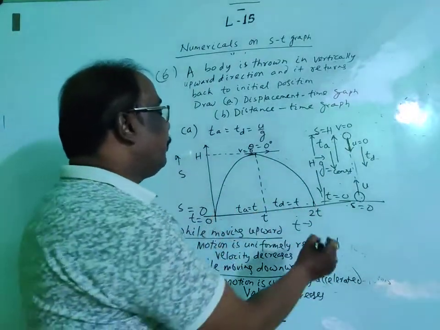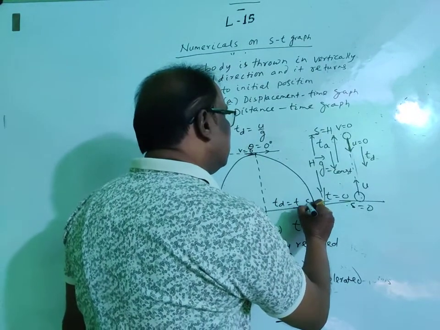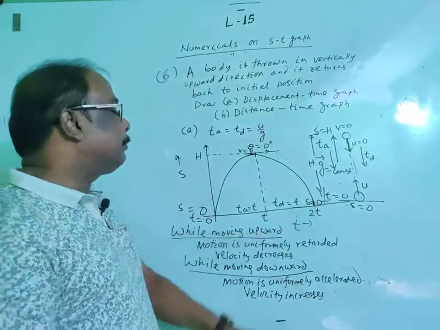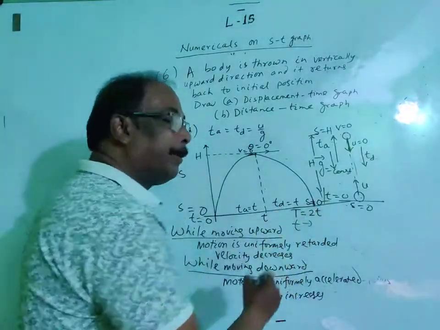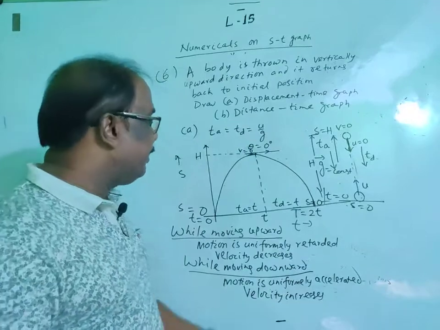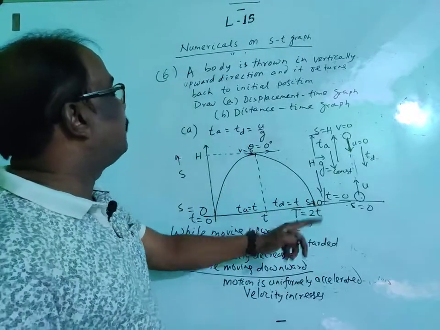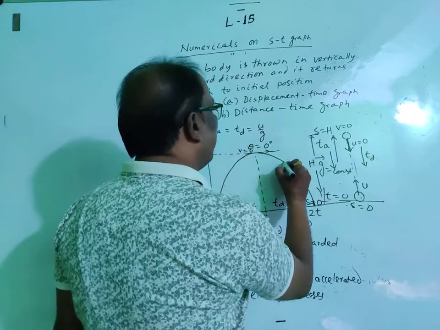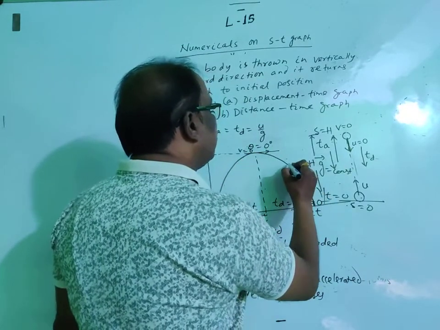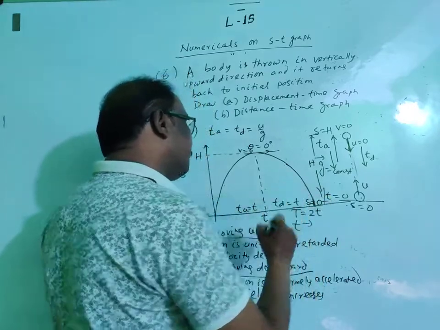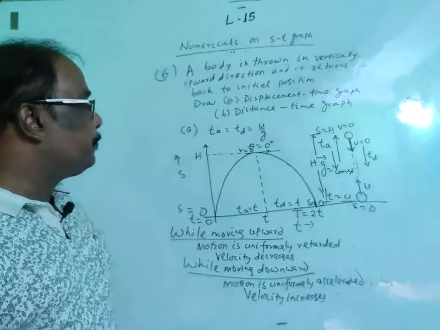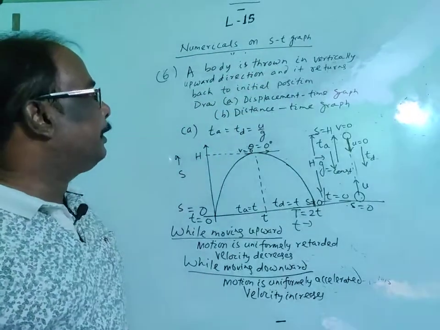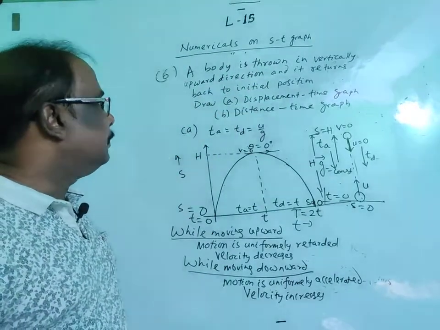Initial position is 0 and final position is also 0, and 2t is equal to the time of flight. Total time of flight is 2t. So this is about the displacement time graph for a body thrown in the vertically upward direction and returning back to the initial position.